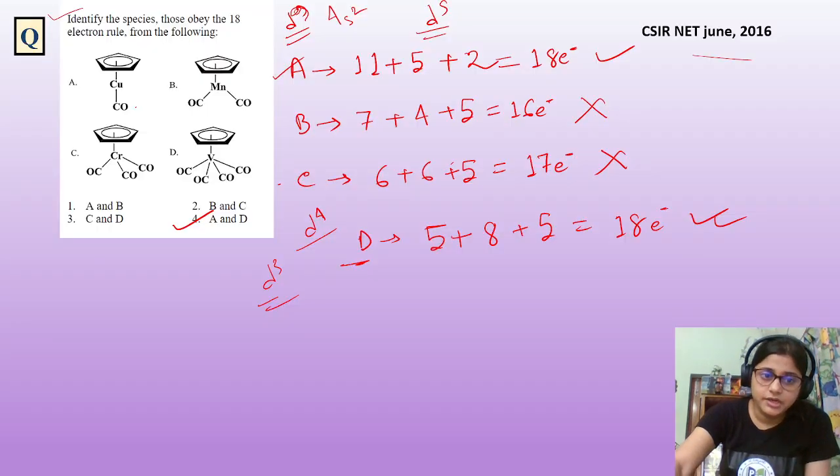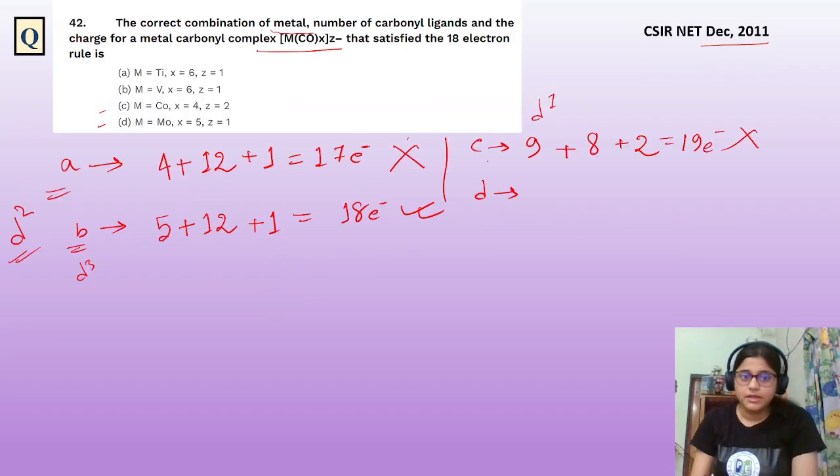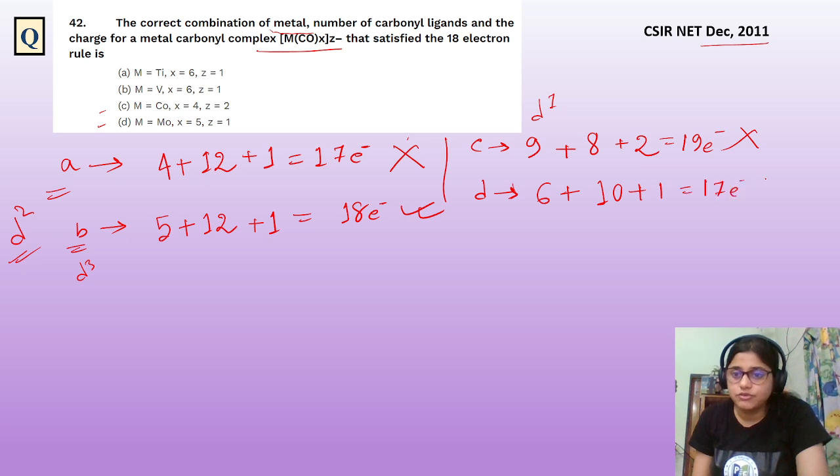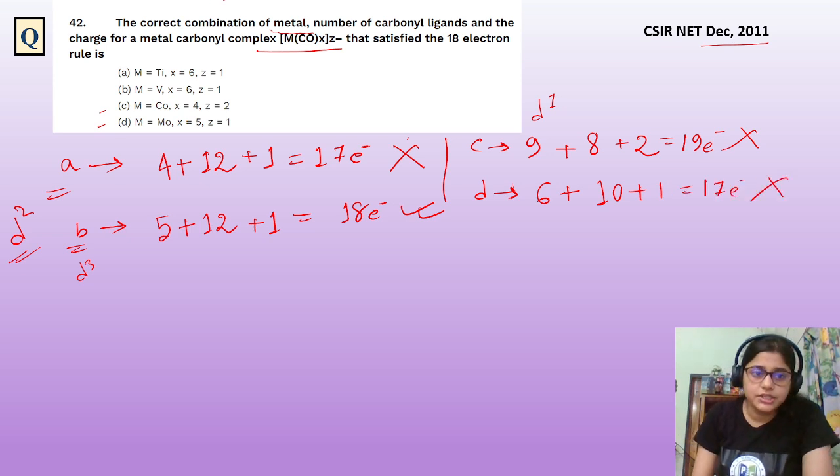So for molybdenum, we consider the electron count as chromium, so 6 electrons, and 5 X means 10, and 1. So it is 17, so it is also not correct. So the correct option is obviously B, as we have seen previously also.